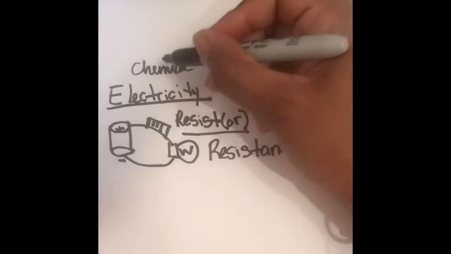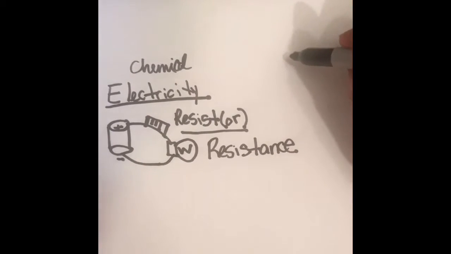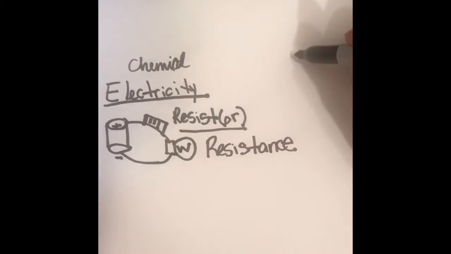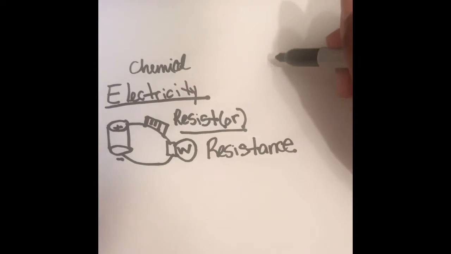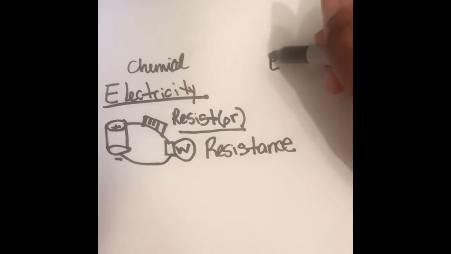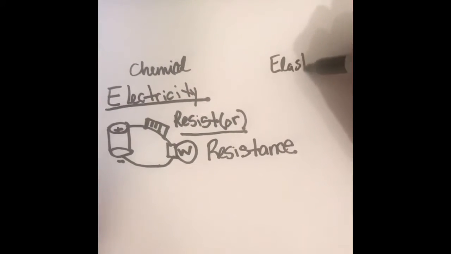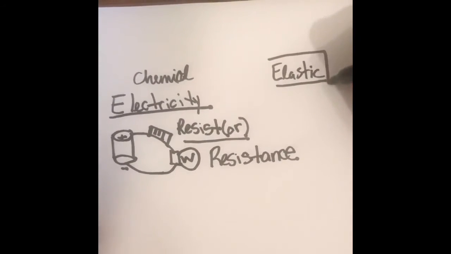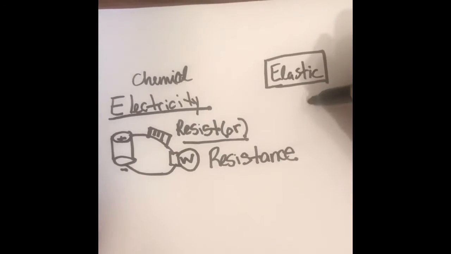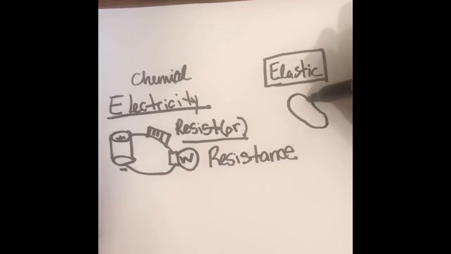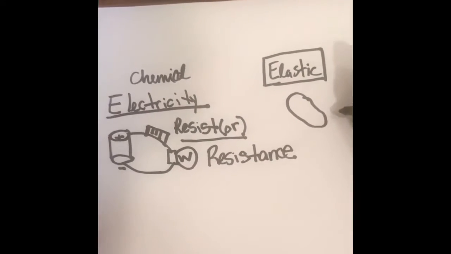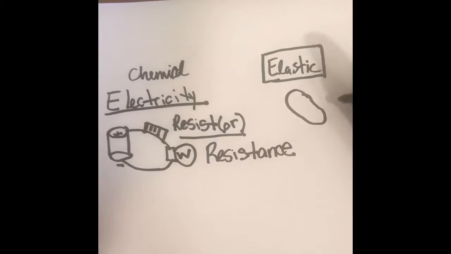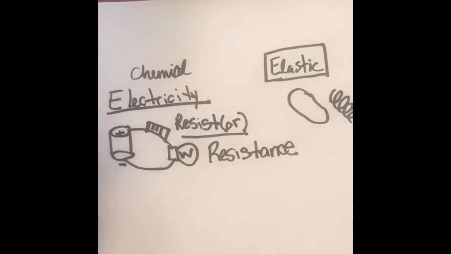So chemical energy is one form of energy, and the next type of energy or form of energy that we're going to work with is elastic energy. And we can use rubber bands to show elastic energy, or springs.